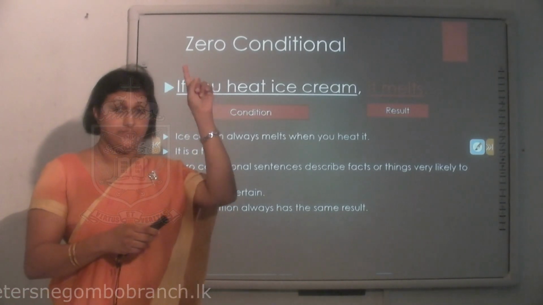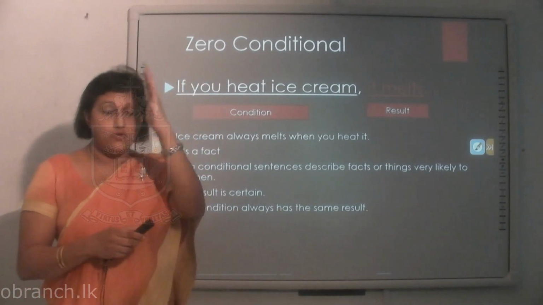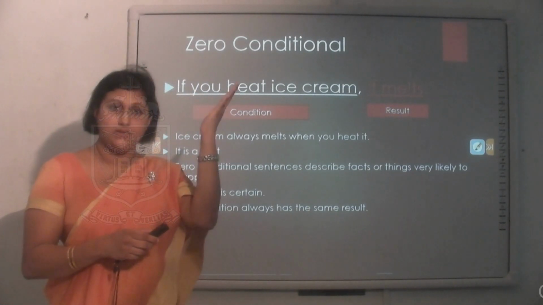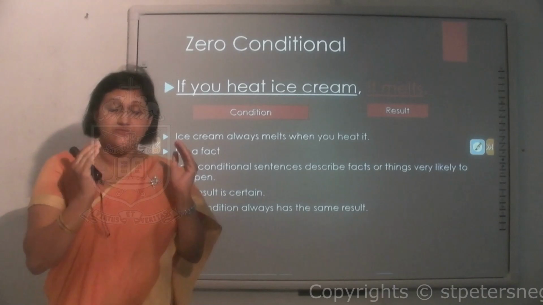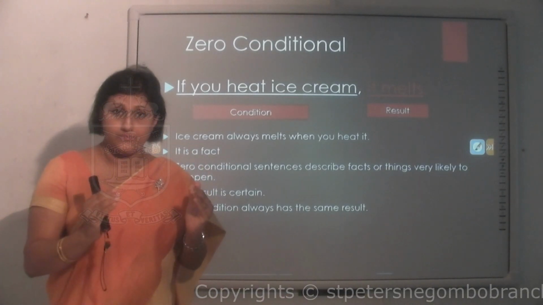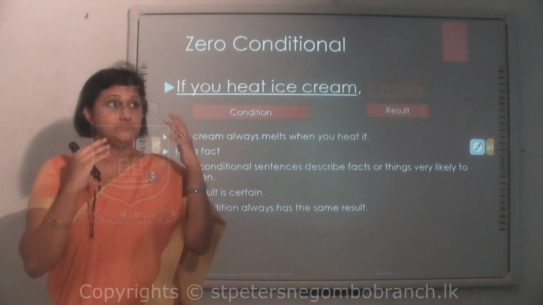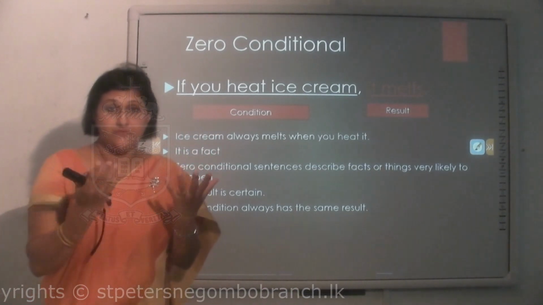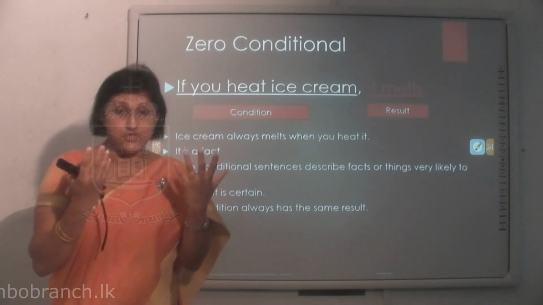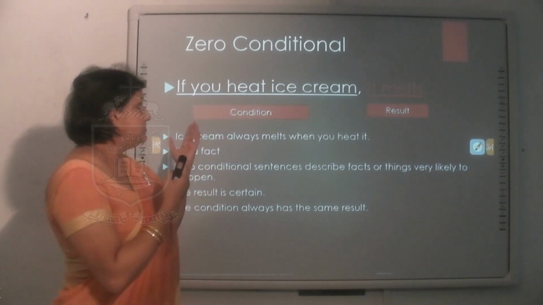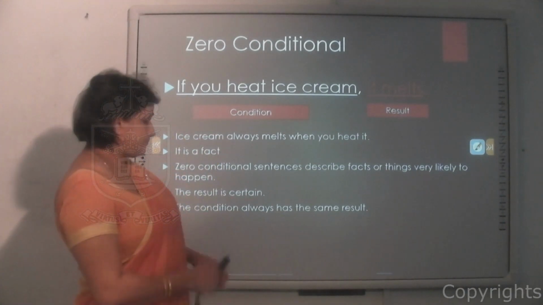In both sections, the if clause and the main clause, it comes in simple present tense, no change. It's a fact. It's a real thing. You can say the things that are happening in the society, in the environment, the things that don't change, everything belongs to zero conditionals.